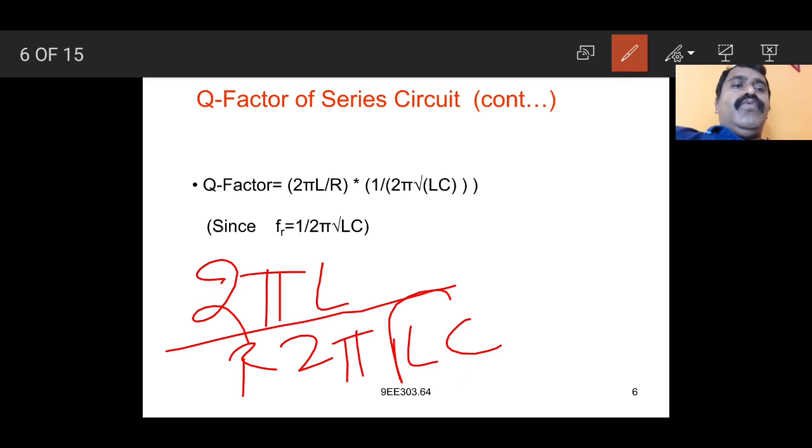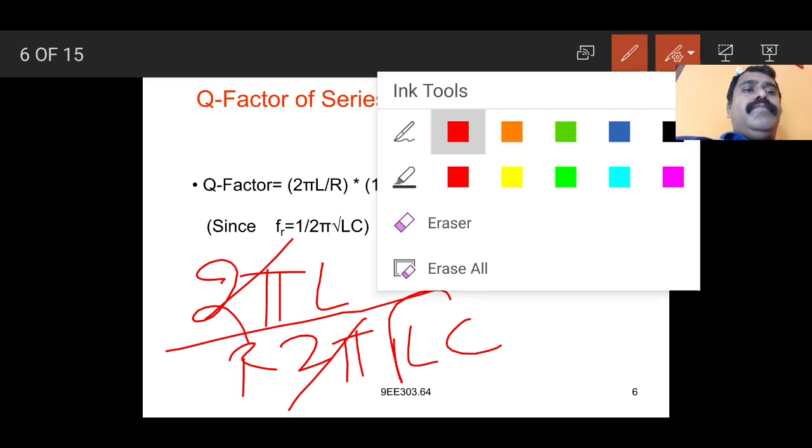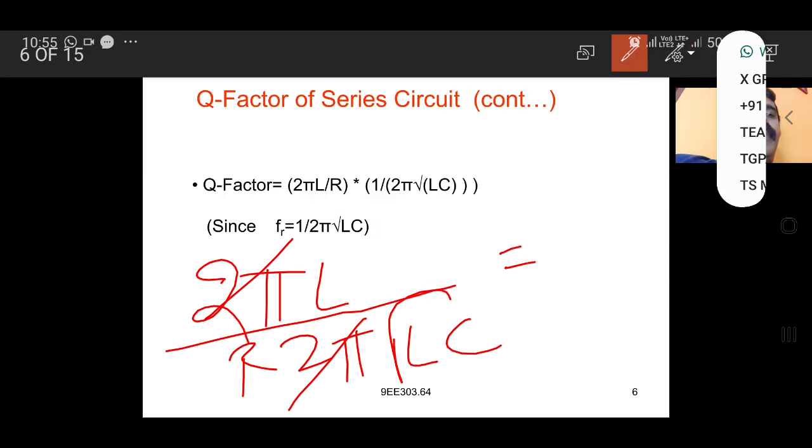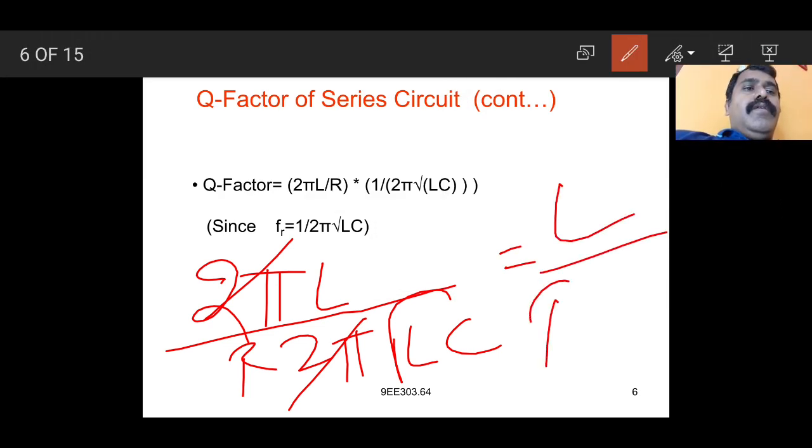The 2 pi will get cancelled, which can be expressed as L divided by R under root LC.